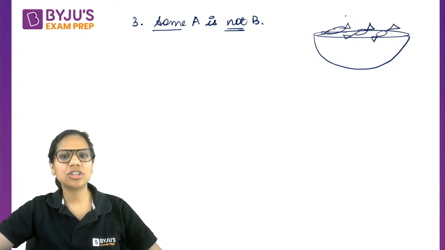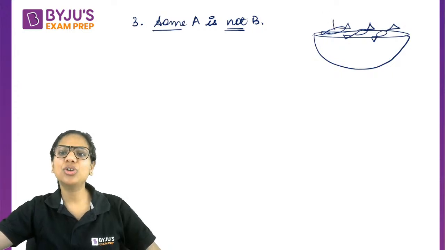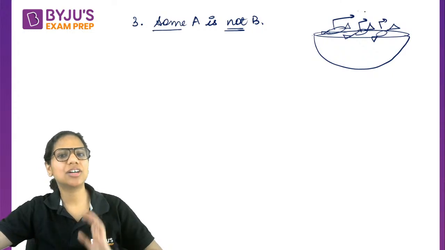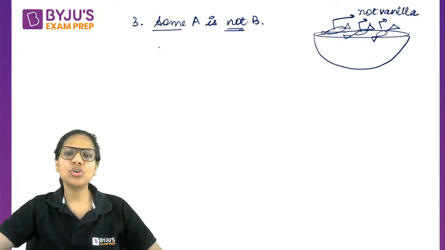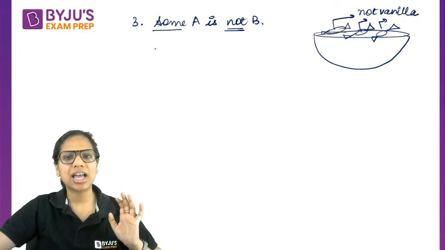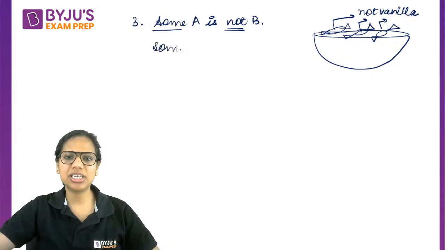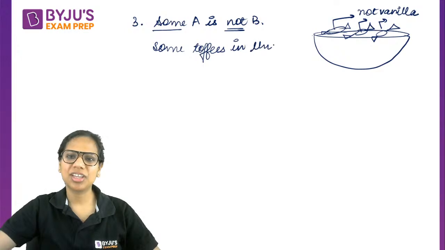Now these toffees on the surface are not vanilla flavor. You know that the ones on the surface are not vanilla. So I can very safely say that some toffees in this bowl are not vanilla.